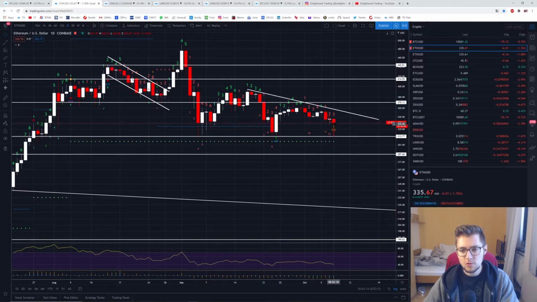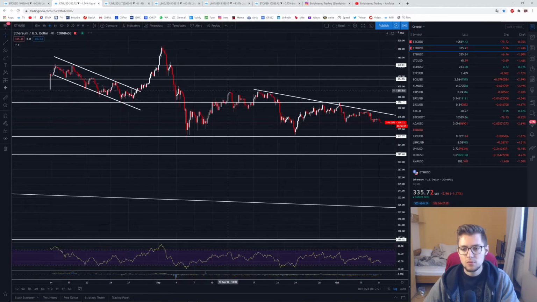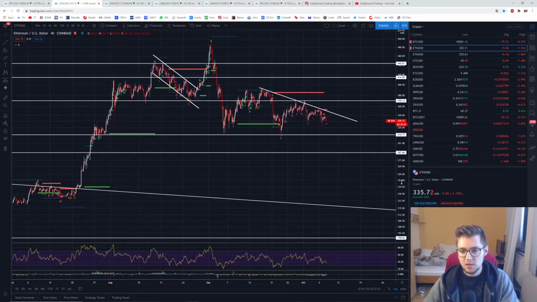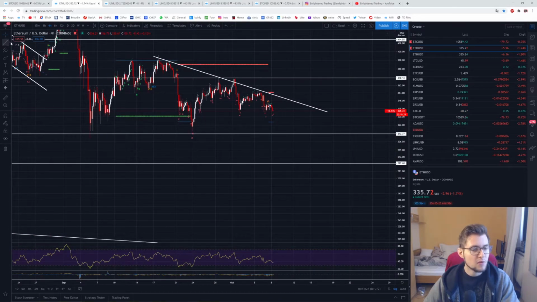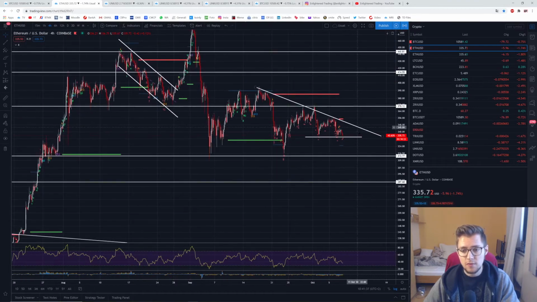We also could do it like that, where we would now have 3 touches here on the top, and we can move to the 4-hour chart. Then you can see as well that we have pretty important support where we are right now sitting, which is around $333. So it's pretty important that we hold this level as well.